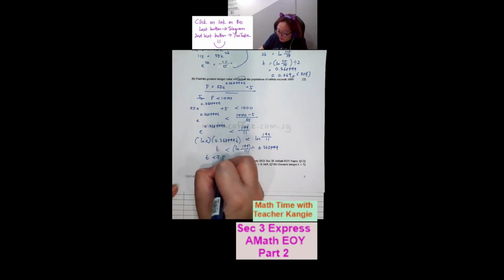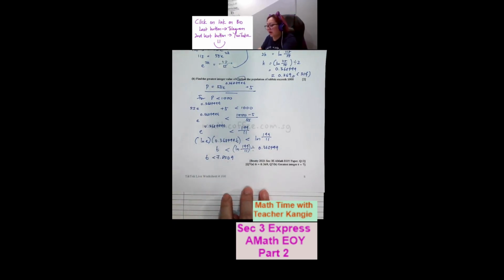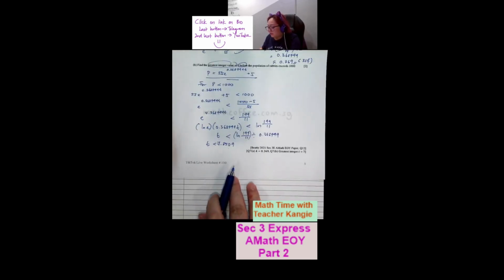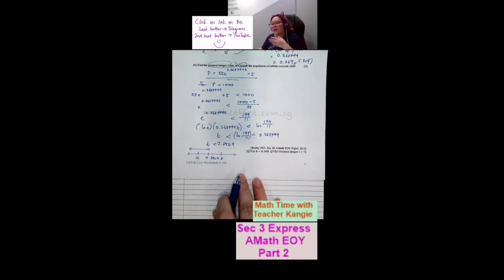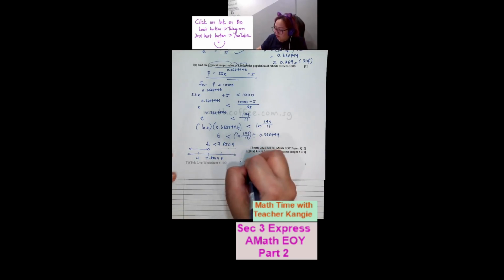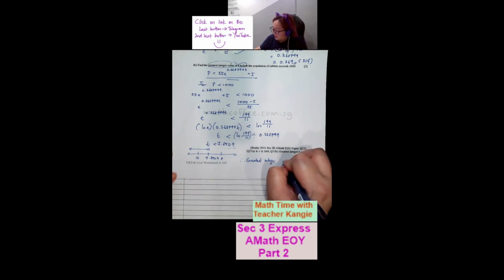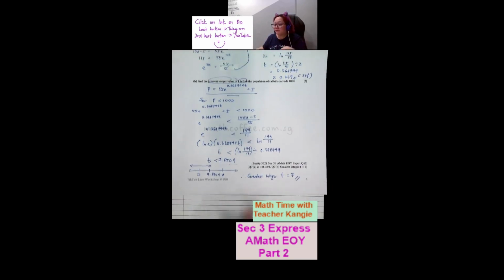And you can see that t is less than 7.8509. They ask for the greatest integer. If you draw this number line, 7.8509, the integer is here, the integer is here, and this is the direction. By looking at this number line, your greatest integer value of t is 7. Ta-da! And we are done.